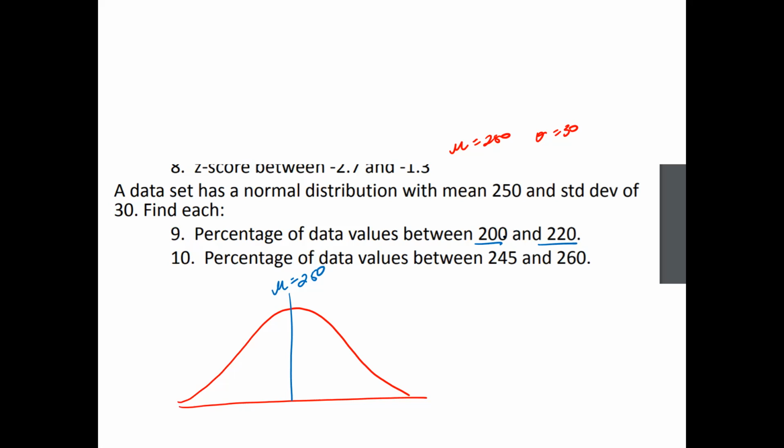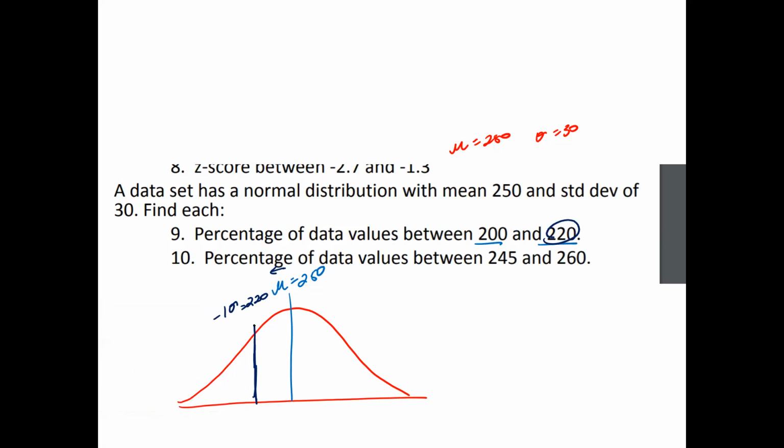Well, if you look at 220 and 200, it is on the left side of the mean. So let's find the first -1 standard deviation, which is going to be 250 minus 30. So that's going to be 220. Well, there's your 220 right there.